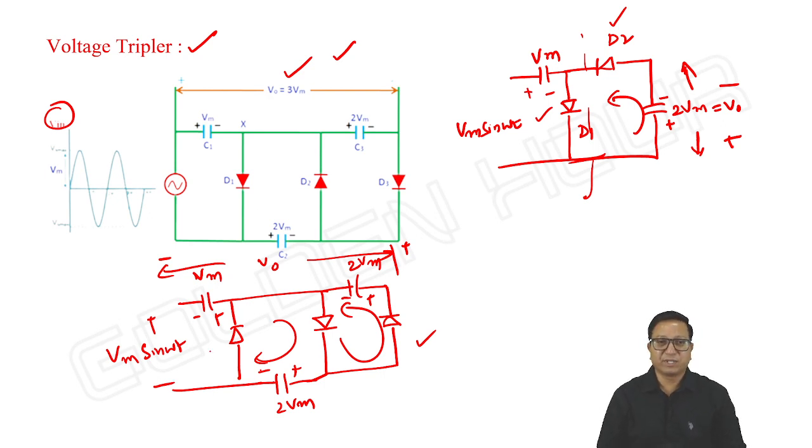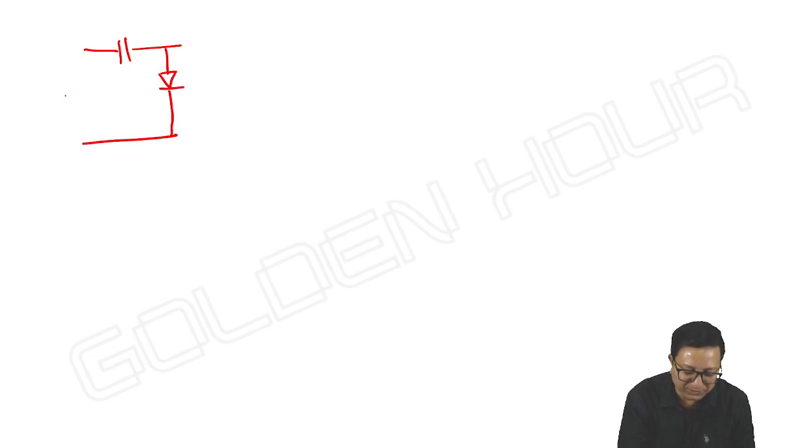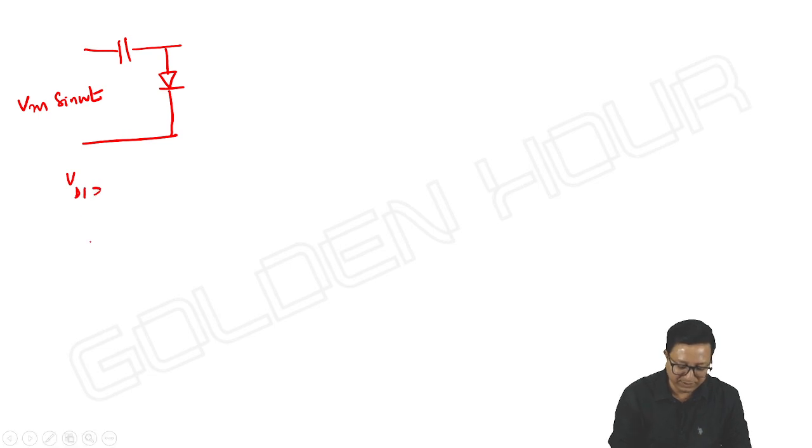Let us have a look at the operation of these circuits. See this. The first one is with a negative clamper. First, we know the output of this one. If I give Vm sin omega t, then what is the output? Vd1, voltage across the diode D1, or I can write Vo1.